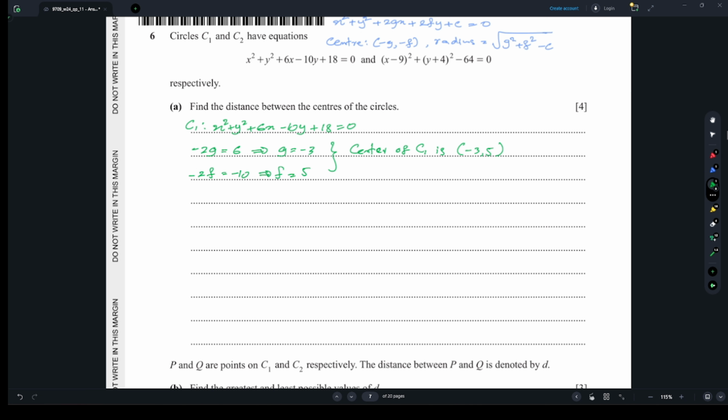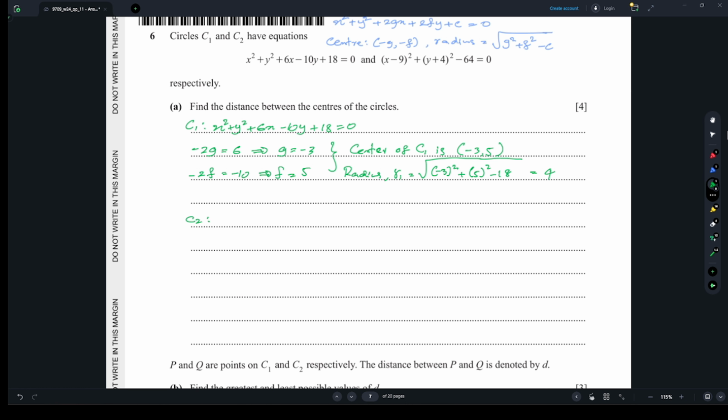And then let's find the radius, say r1. It is the square root of g squared plus f squared minus c: 3 squared plus 5 squared minus 18. When you simplify this, you will receive 4. Let's keep that there, because maybe we have to use it again.